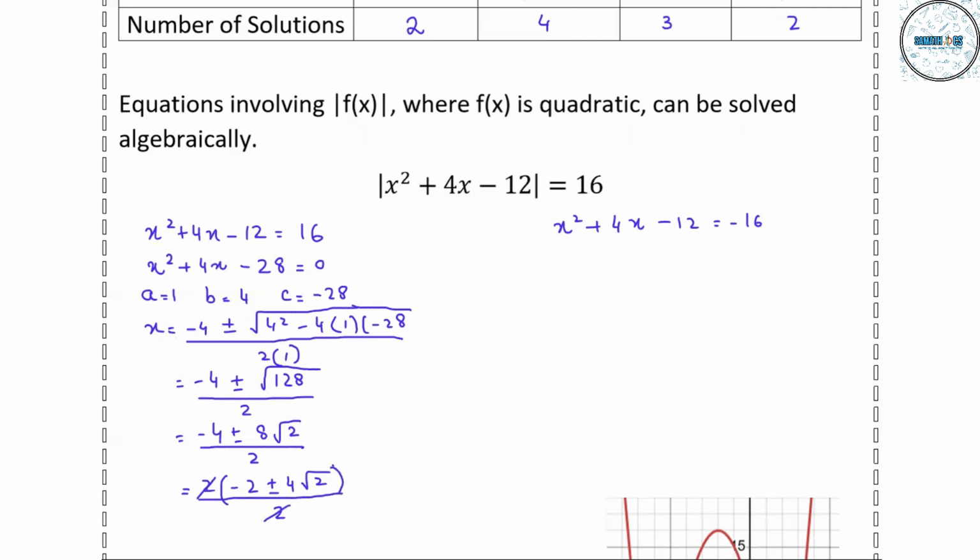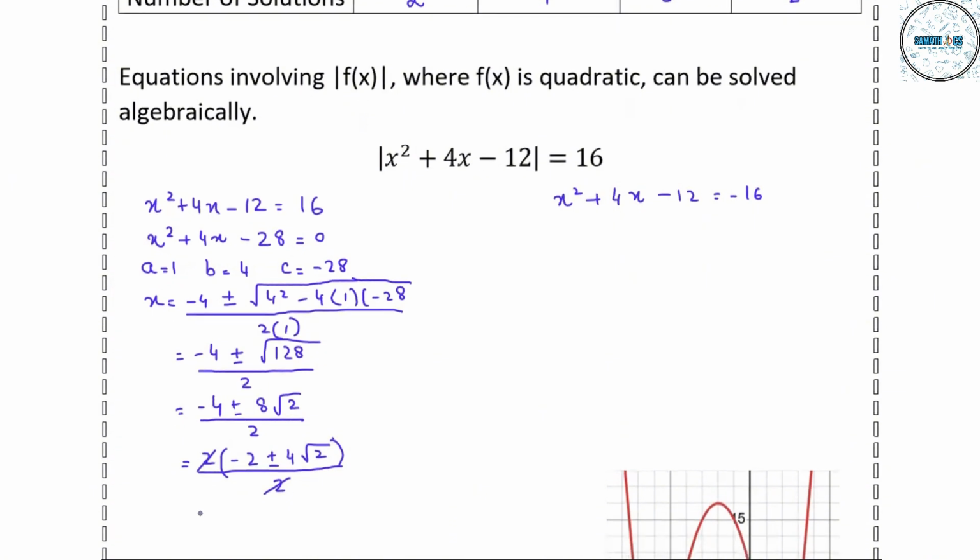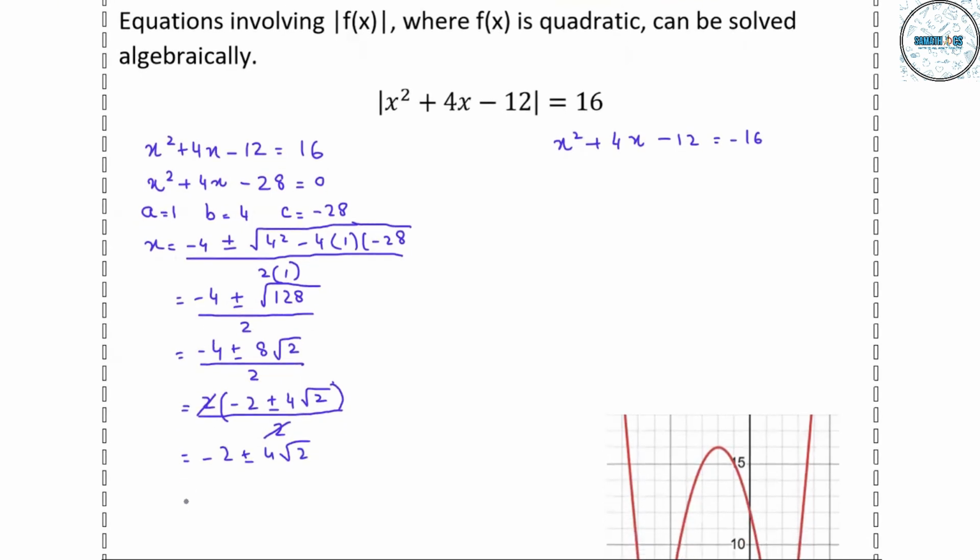So we can cancel this out. So we have here minus 2 plus minus 4 under root 2, or we can say x is equal to minus 2 plus 4 under root 2, and x is equal to minus 2 minus 4 under root 2.